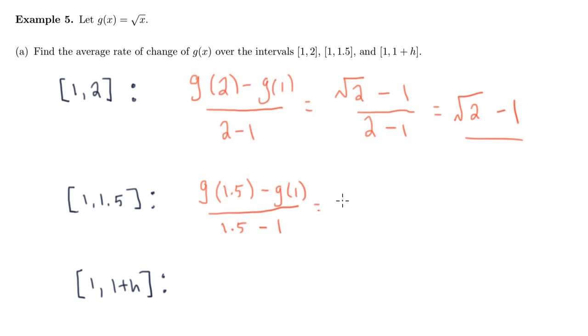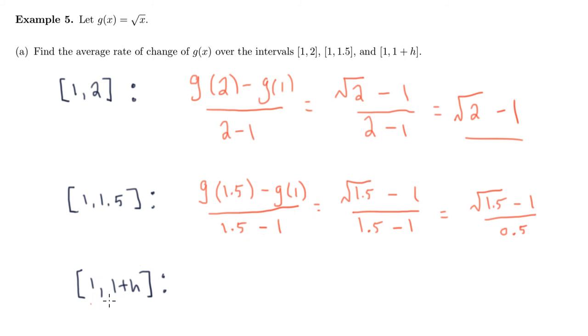So this is square root of 1.5 minus square root of 1, which is just 1, and then we have 1.5 minus 1, or in other words, it's just square root of 1.5 minus 1 over 0.5. These are just numbers. You can plug them in your calculator if you want. I'm not even going to bother simplifying them anymore.